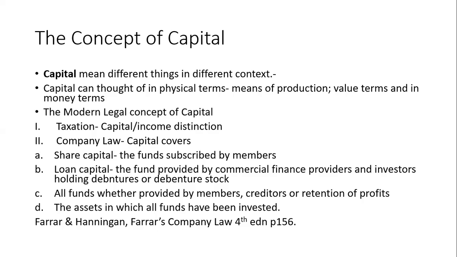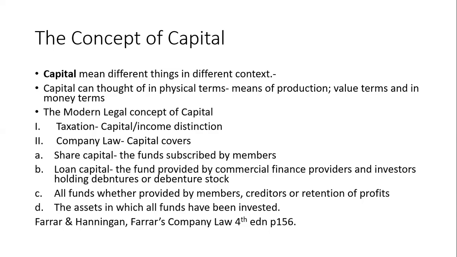So capital can be thought of in physical terms, so that when you are looking at the factors of production, from basic economics, if you like economics 101, we are told the four main factors of production, the things which are needed for production to occur, include capital.